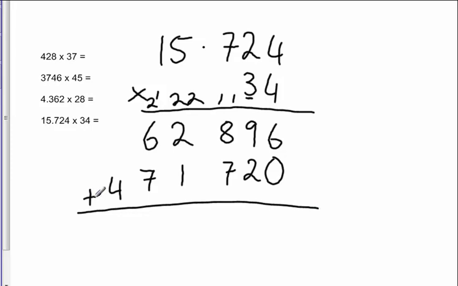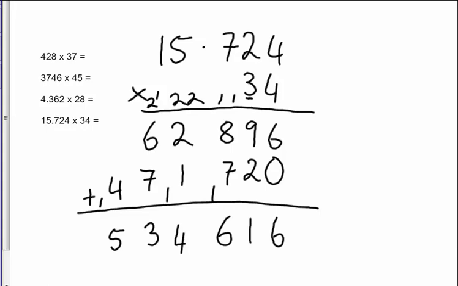So 0 plus 6 is 6, 2 and 9 is 11, put down my 1, carry my 1, 7 and 8 is 15, plus 1 is 16, put down my 6, carry my 1, 1 and 2 is 3, 3 and 1 is 4, and then 7 and 6 is 13, put in my 3 and carry my 1, and 4 and 1 is 5. So I now have the value 534616, and I need to know where I'm going to put in my decimal point.